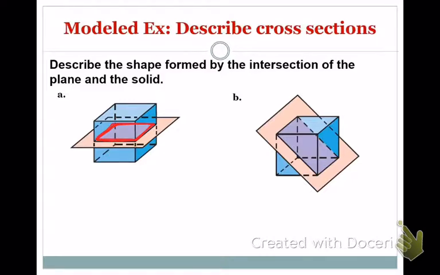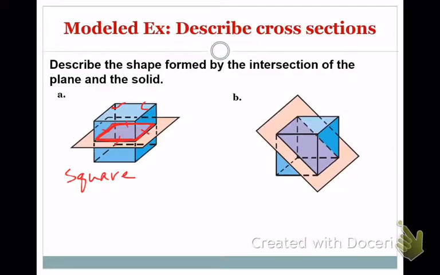Since this is a cube, all of these sides are the same, and it doesn't look like it because we're trying to draw a three-dimensional object on a two-dimensional sheet of paper, but all of these are right angles. It's a cube, right? This is a box, which are made at right angles. So the cross-section of this particular plane and solid intersection is a square.